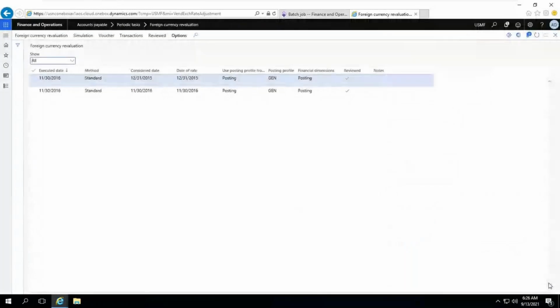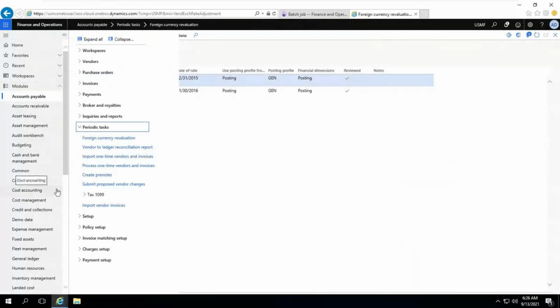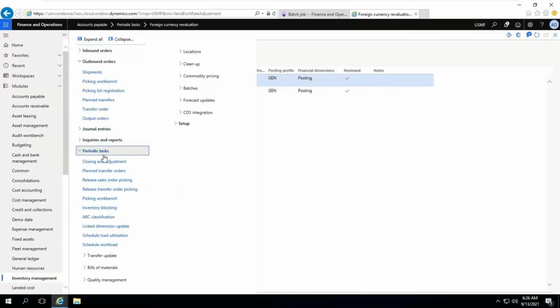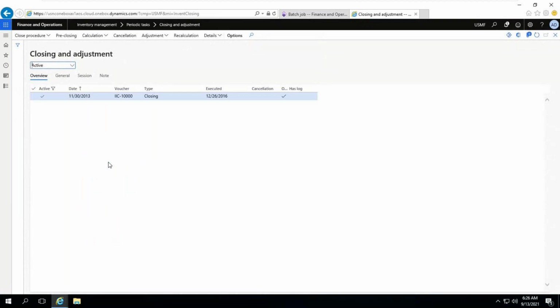In the same manner, we learned inventory closing last Friday. So inventory management, periodic tasks, closing and adjustment. Here I can click on this close procedure, inventory closing, or I can map recalculation.